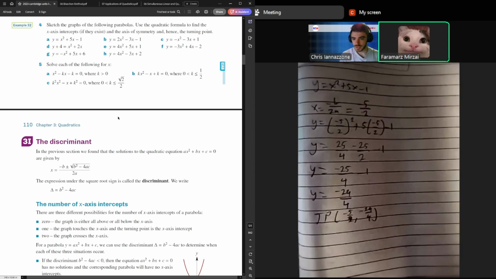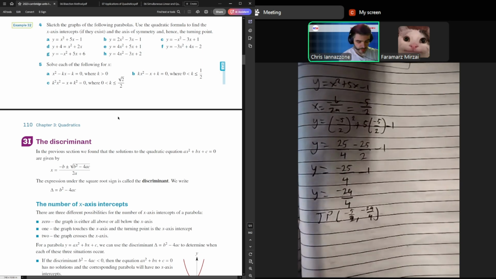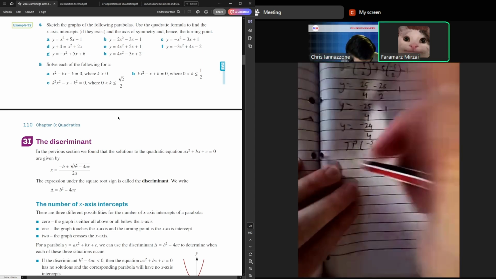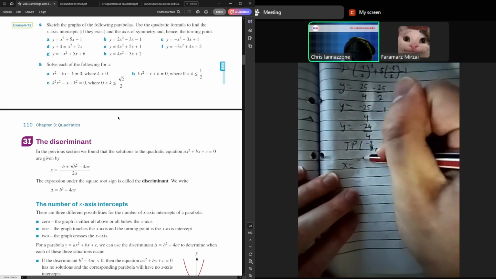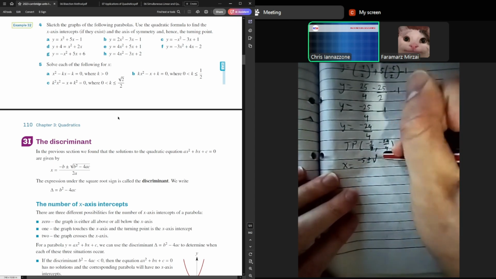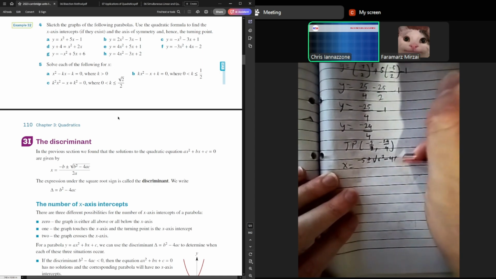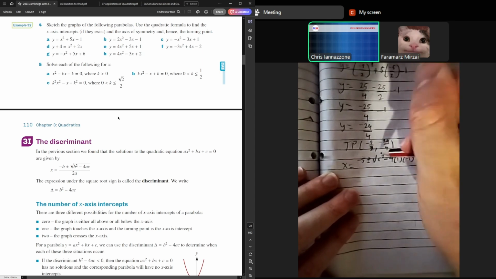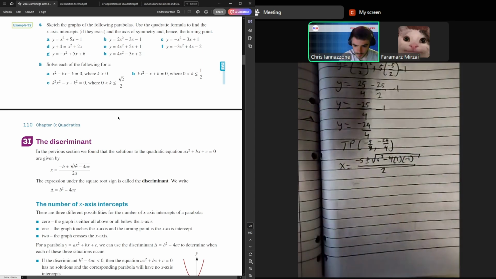Okay, that's the turning point. And now for the x-intercepts using the quadratic formula. So again, a, b, and c. x equals negative b, which is negative 5, plus or minus the square root of b squared minus 4ac, all over 2a, where a again is 1.